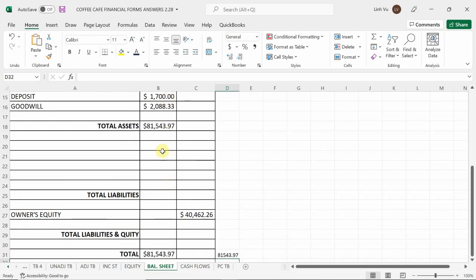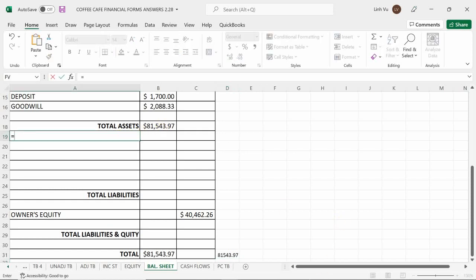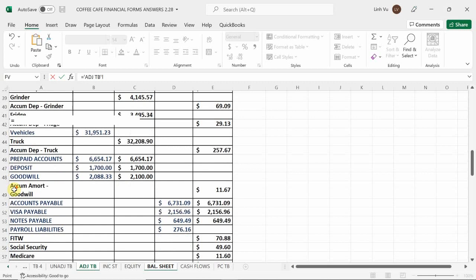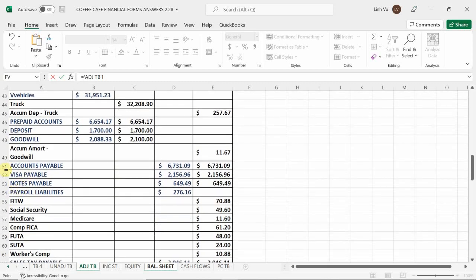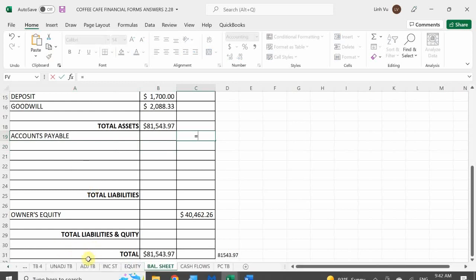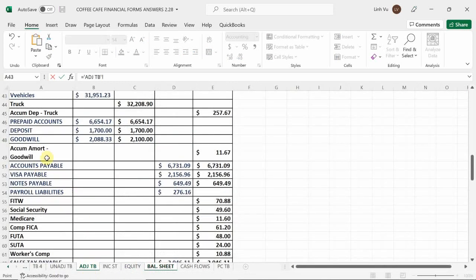So I finished the first section, which is all of my assets. Next I need to record all of my liabilities. So let's take a look here. My first liability is my accounts payable, which is outstanding at a grand total of $6,731.